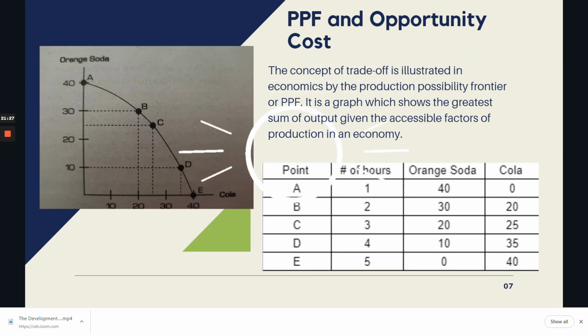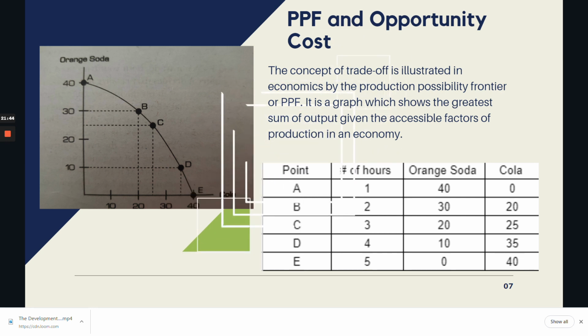PPF is the production possibility frontier. The concept of trade-off is illustrated in economics by the production possibility frontier or PPF. PPF is actually a graph which shows the greatest sum of output given the accessible factors of production in an economy.